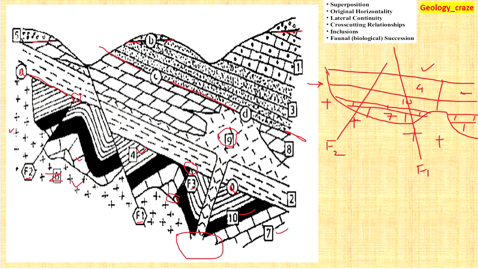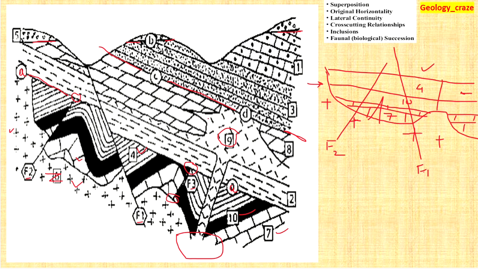Why did I put granite as the older one? Are you able to understand? It is because it has a sharp boundary with the beds. If something were included within 7, 8, 7, 10, and 4, we would get some tongue shapes or something like that. On that basis we could say that this part is included within this.